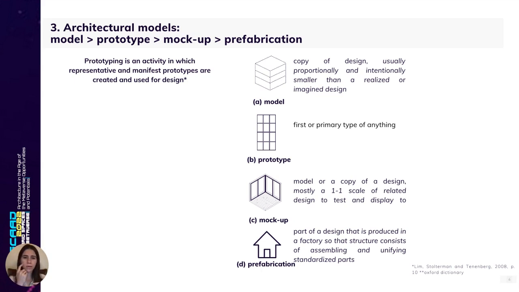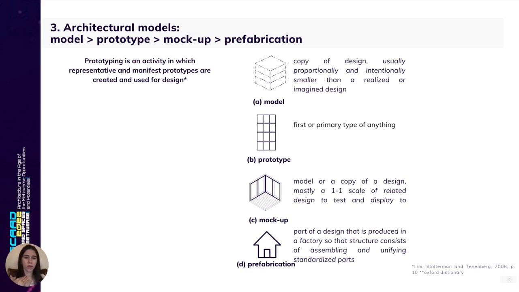A model can be defined as a copy of a design, or a prototype is a primary type of anything. A mock-up is mostly one scale of a related design to test and display to customers. Prefabrication is a part of a design, mostly built in a factory.